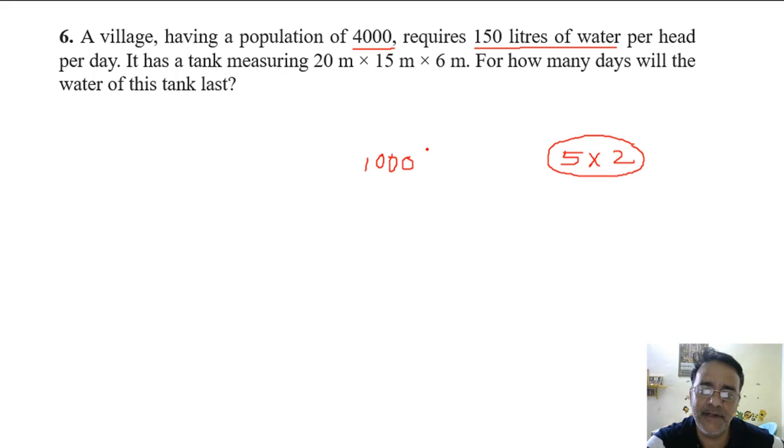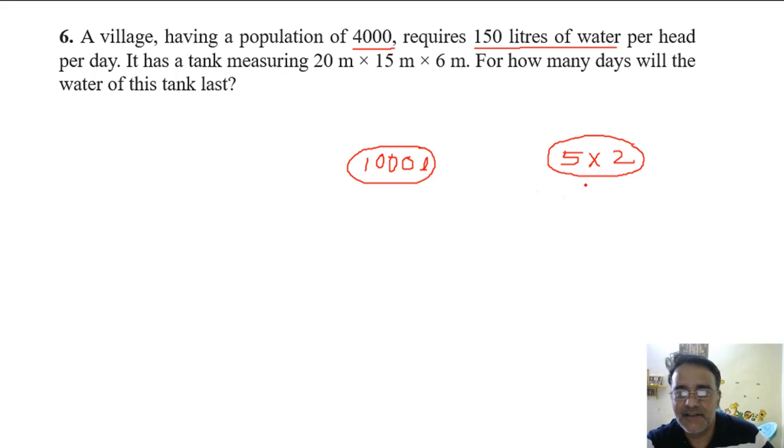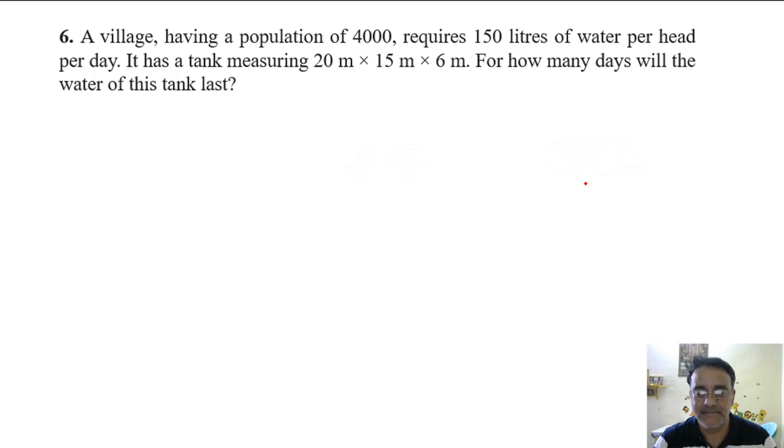So how many days can you use this tank? 1000 divided by 10, that is 100. Yes, the capacity of the tank, the volume of the tank, divided by the volume required for one day. Whether that concept is clear? Yes, sir. Okay.